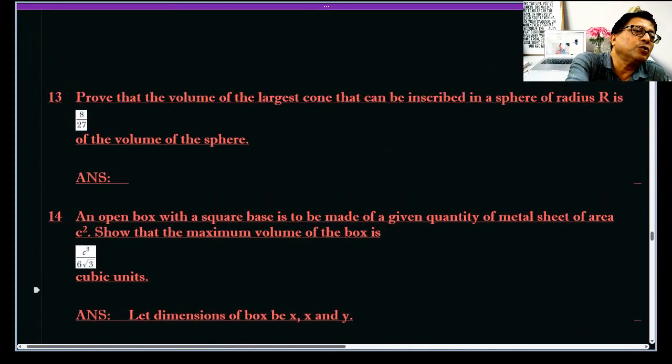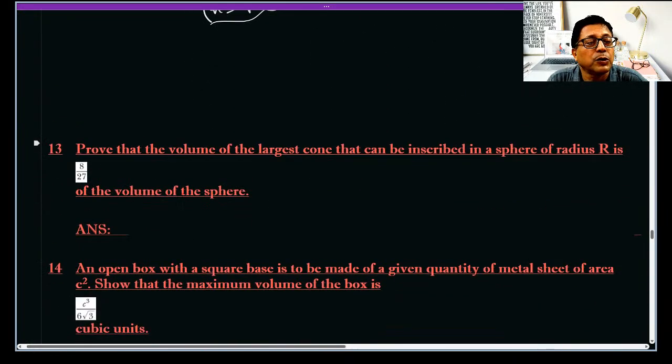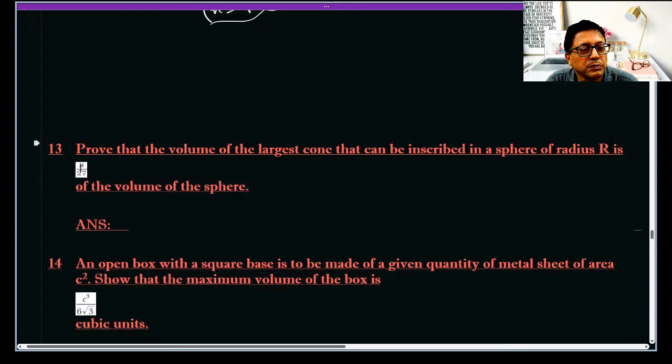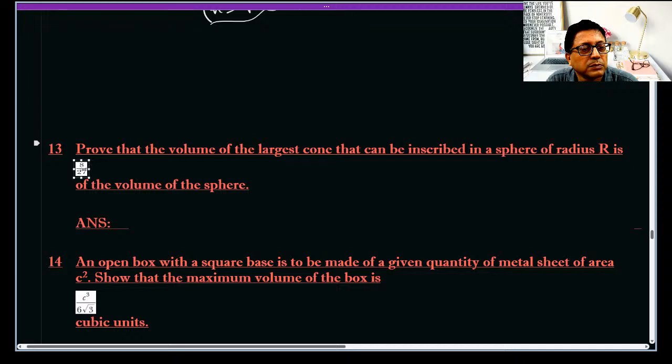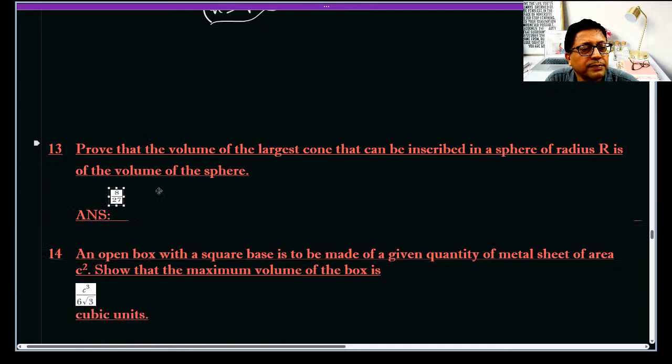So this session let us do only few more descriptive sums. Few more. Okay? Go through this one. Sir, is that 8 by 27? Yes, yes. Read the sum.